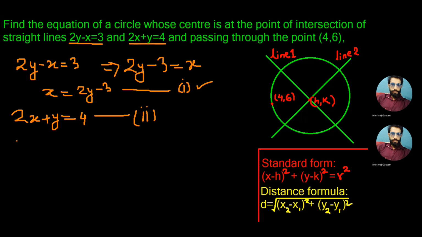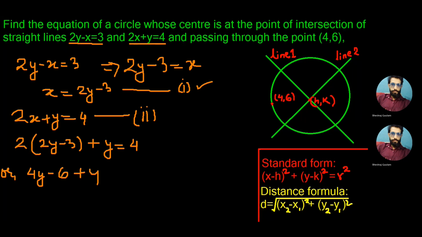So we get 2, and in place of x, we'll write 2y minus 3 from equation 1, then plus y is equal to 4. This is the modification of equation number 2, putting the value of x from equation number 1. Let's solve this. We get 4y minus 6, breaking the bracket, plus y is equal to 4.